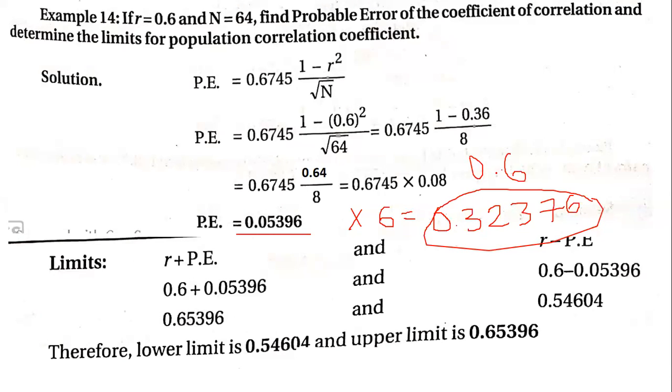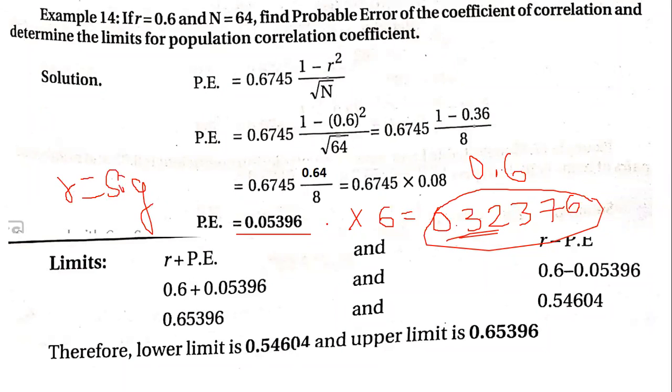Yeah, correct. Okay, 0.6 is more and 0.32376 is less. Correct? Which means that R is significant.